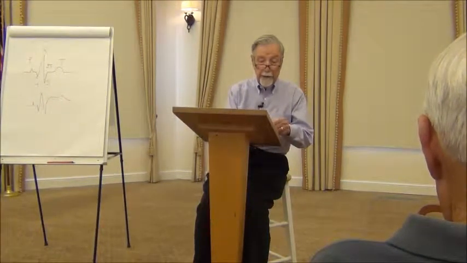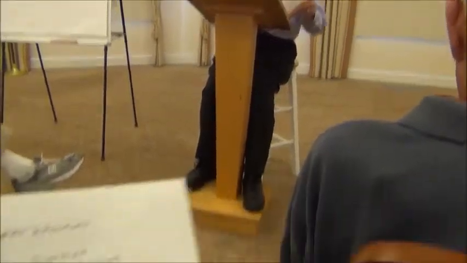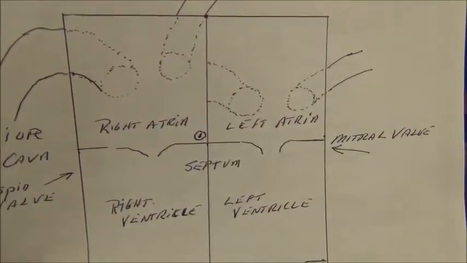Now, I want to go next to talk about arrhythmias. Now, in that first page that I gave you, there's a little dot on the drawing in the right atrium.